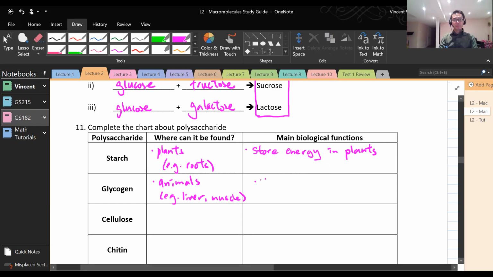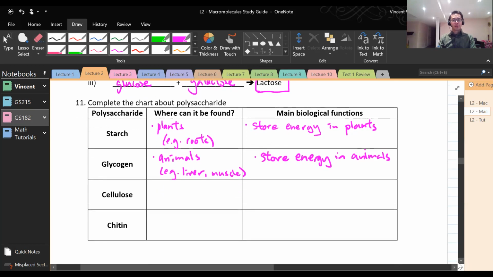And what do we use it for? Store energy in animals. If you did not eat breakfast this morning, your liver will be releasing glycogen. Then you will chop it down into glucose so that you can have energy to carry on.